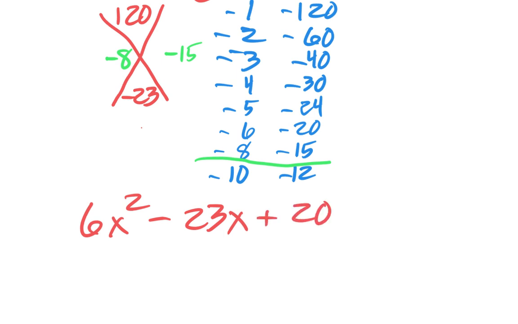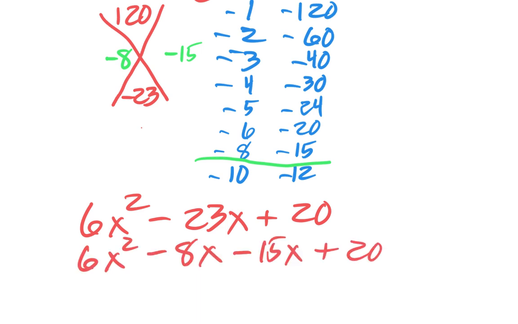I'm going to rewrite because I know that negative 23x I can write as that negative 8x plus a negative 15x. So that's going to give me 6x squared minus 8x minus 15x plus 20.